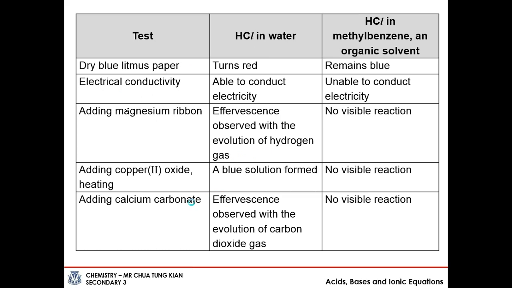So how do we confirm this? It's actually very simple. If you recall the earlier properties of the acid, these are the tests based on them. If I dissolve HCl in water, I will have the H+ ions. If I dissolve HCl in methylbenzene, an organic solvent, meaning no water, I have no H+ ions.